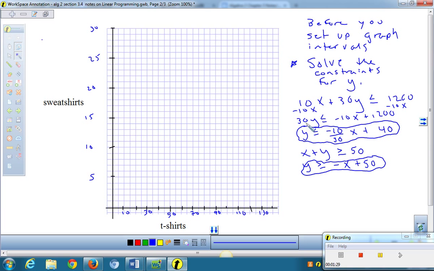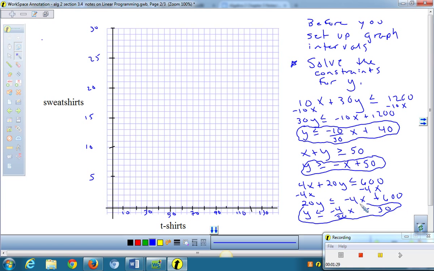And the last one, x plus 21 less than or equal to 600. There we go. So I have my constraints.